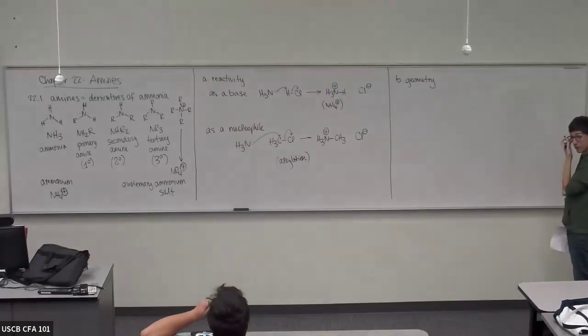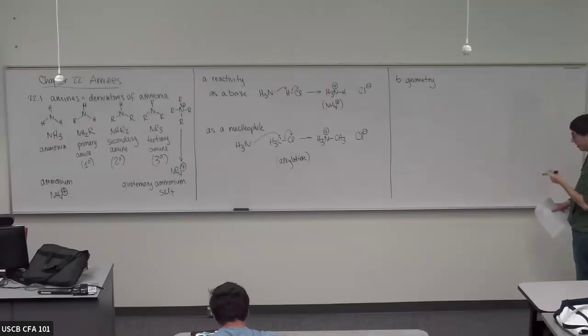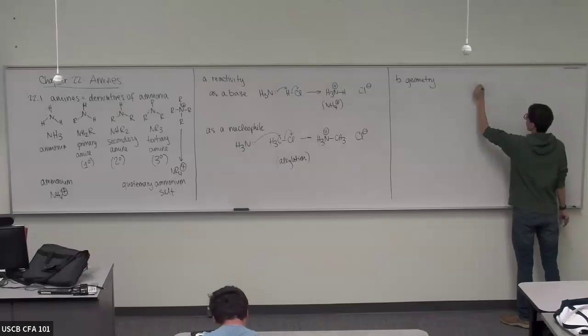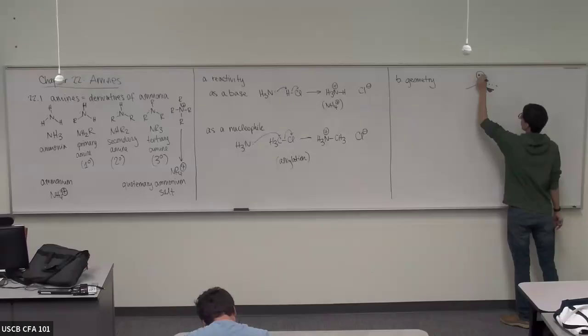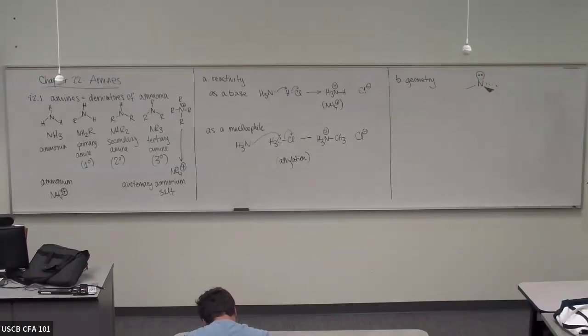Okay, we haven't really talked about the geometry of really any of the functional groups that we've discussed, and that may not necessarily be a good thing. But amines have three groups, whether they be hydrogens or R groups or something like that, and also a lone pair on the nitrogen, the quaternary ammonium salt being an exception.